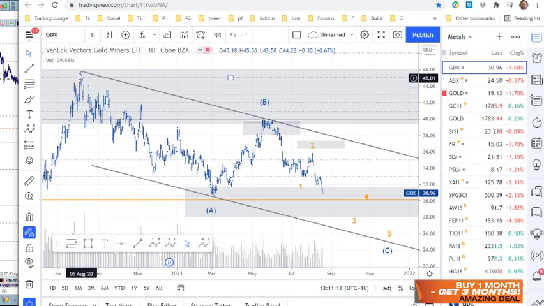So GDX is an A wave here, a B wave here, and a C wave down here. So 1 and 2 here going into the 3rd wave, 4th and 5th. So if we're in a triangle pattern with gold, then they'll probably finish around the same time, if that triangle pattern has any relationship with this GDX.